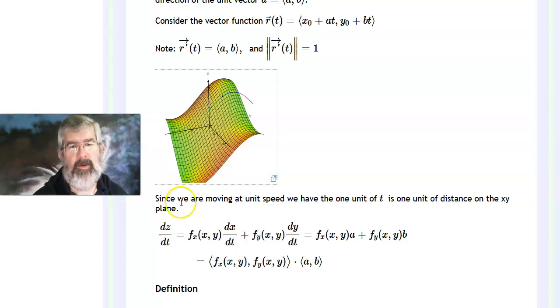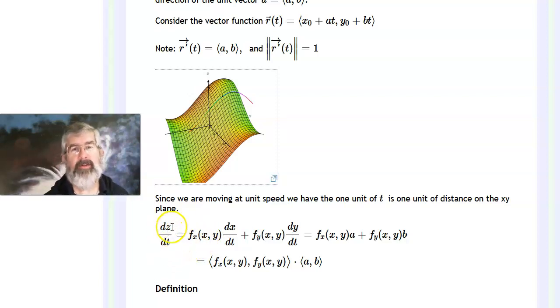Right? And so because I have a unit vector now, I'm going to say that dz/dt, that is the change in the z component with respect to t, will be my slope in that direction. And again, this is hugely dependent on this being a unit vector that I'm moving, because I want change in rise over change in horizontal distance. And what does the chain rule say?